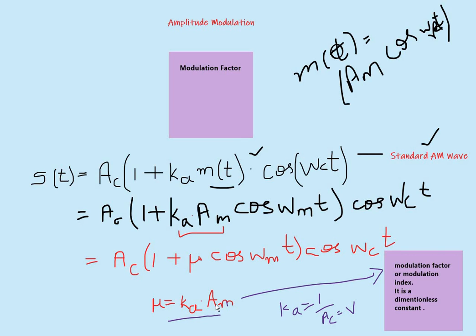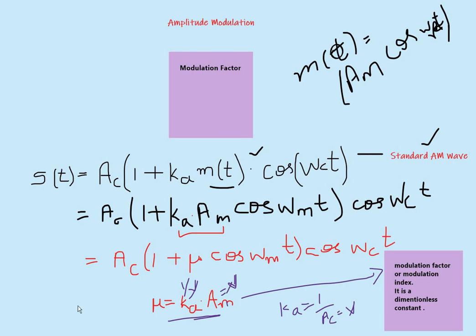This is the amplitude of the carrier signal, and this is the amplitude of the message signal. So the unit will be the same in the case of both the message signal and the carrier signal, so this will cancel, right? In Ka we have 1 by volt, and in Am we have volt. So this volt and this volt can be cancelled. Hence in mu we don't have any dimension.